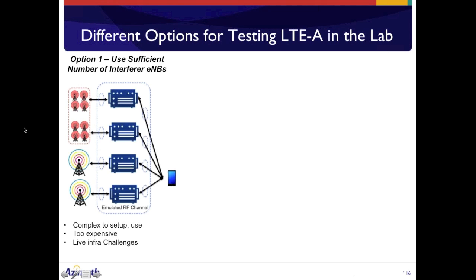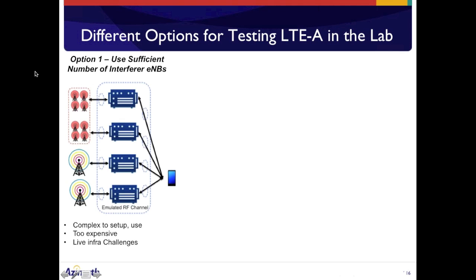Beautiful. So I've shown you how to do this, but as you can see, this is not a very practical setup for a variety of reasons. One is that it's very complex to set up and use, not to mention prohibitively expensive. And the last thing is, these are all live infrastructure. I'm still using live infrastructure as my interferers, and anyone who has used live infrastructure knows the challenges with it.